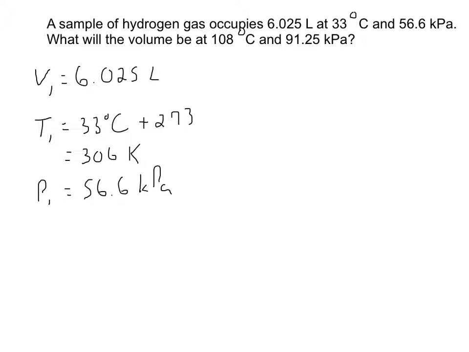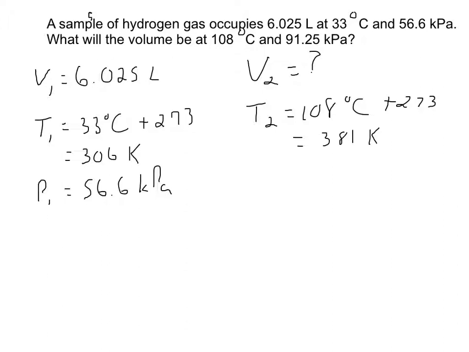Well, then the problem goes on to say, what will the volume be? So we don't know what that volume is. We will be solving for that. It says that the temperature then would be 108 degrees Celsius, so T2 equals 108 degrees Celsius. Again, we don't want degrees Celsius, we need that to be Kelvin. So we add 273 to it, and we find that our T2 will be 381 Kelvin.